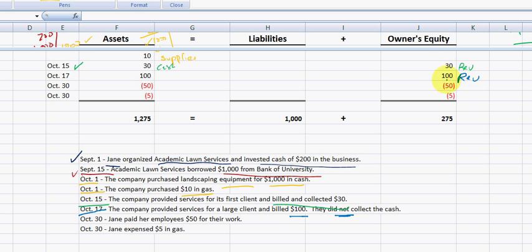So revenues is accounted for, and rather than cash on the asset side, an accounts receivable will be recognized on the 17th, meaning that we're going to receive this money at a later point in time, which will turn into cash. Once it turns into cash, we can then get rid of the accounts receivable.